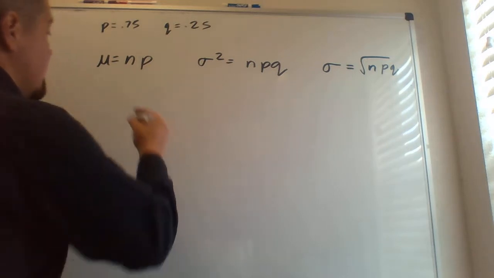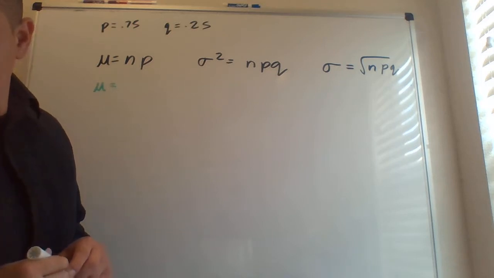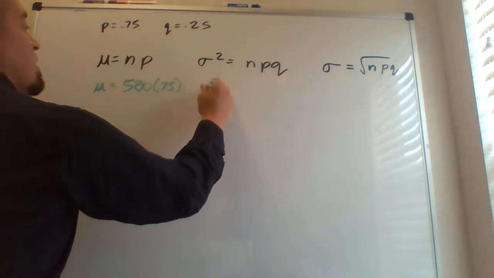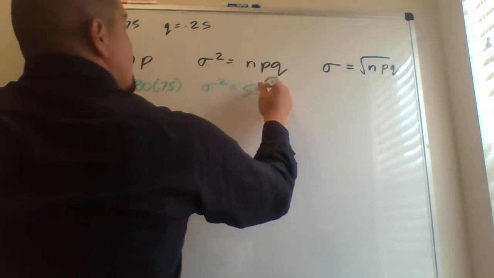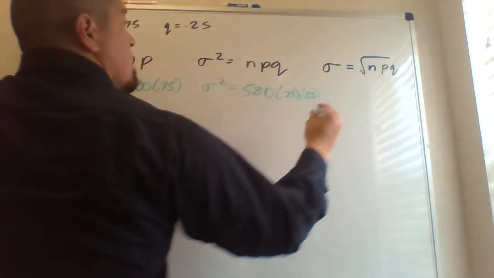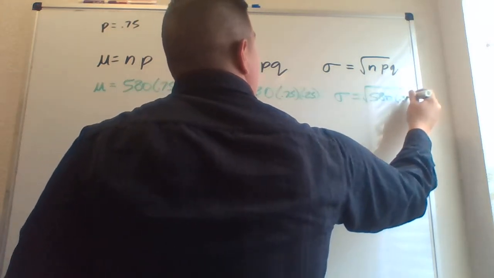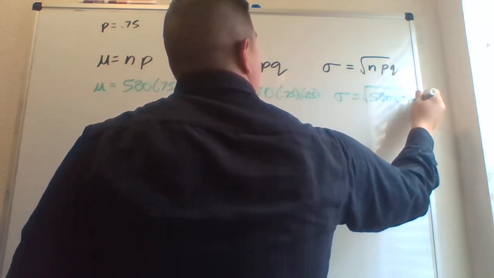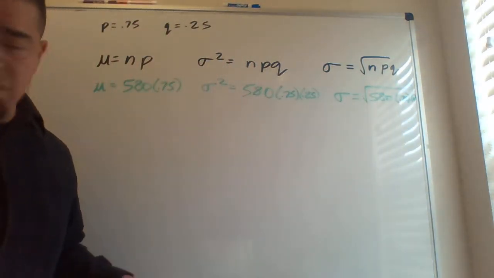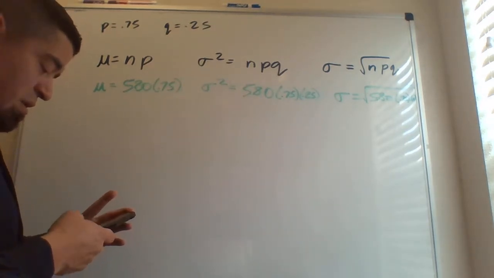So here n is 580. We're going to put 580 times 0.75, and then the variance is going to be 580 times 0.75 times 0.25, and then the standard deviation is going to be the square root of that. From here, I'm just going to type them into the calculator, and that'll be my result for each of these.